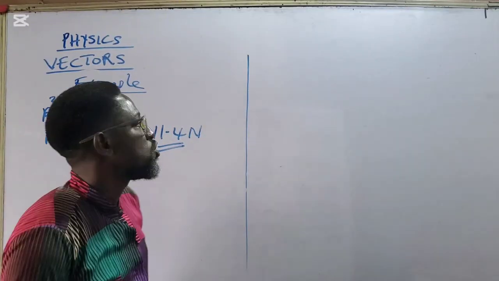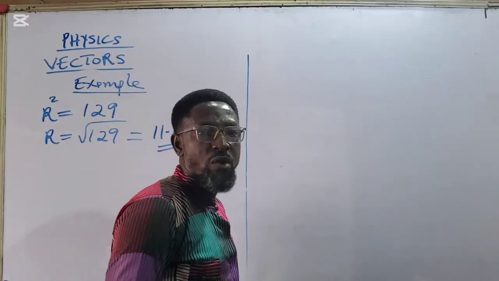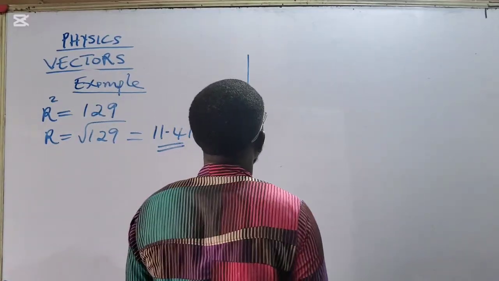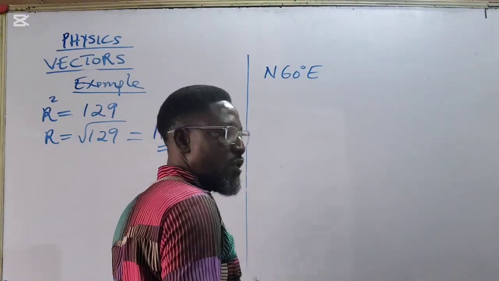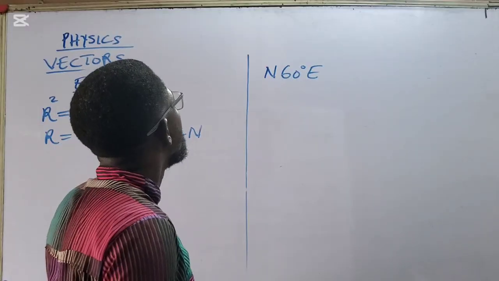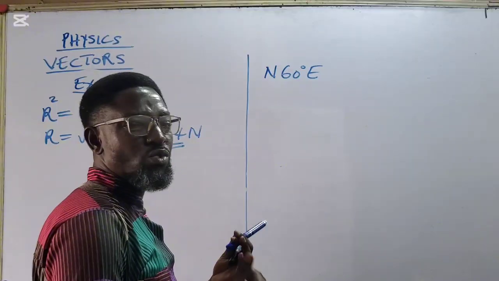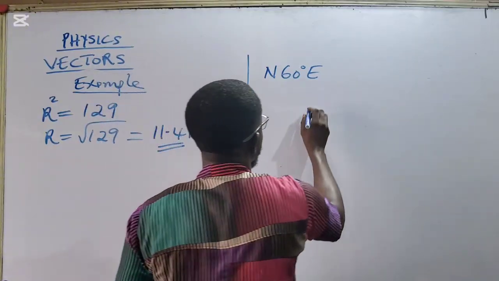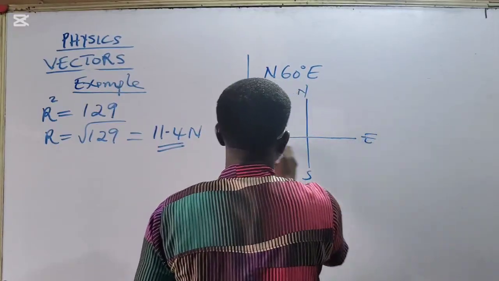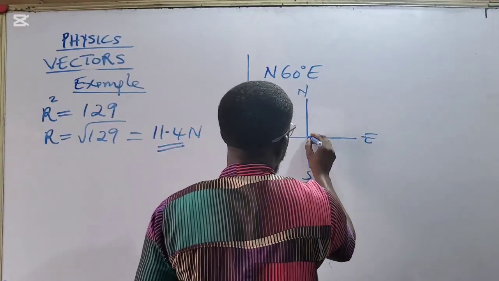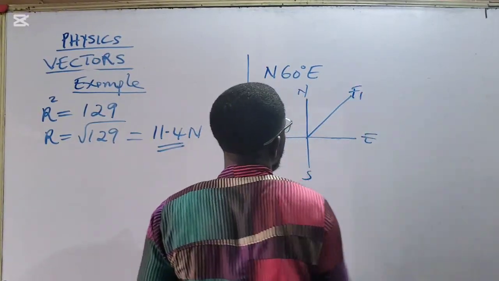And for those types of questions, we need to understand how to place the direction in the xy plane. Now, if you have something like north 60 degrees east, you need to learn to position this one in the xy plane. We have north, south, east, and west.